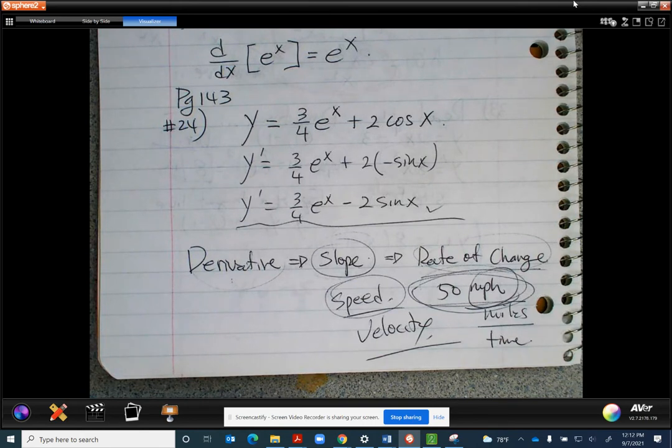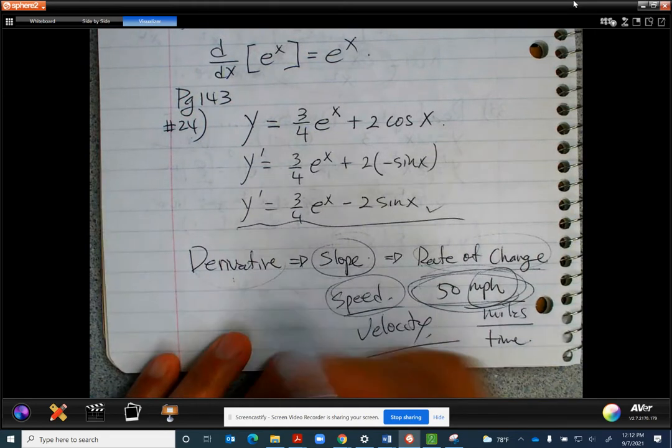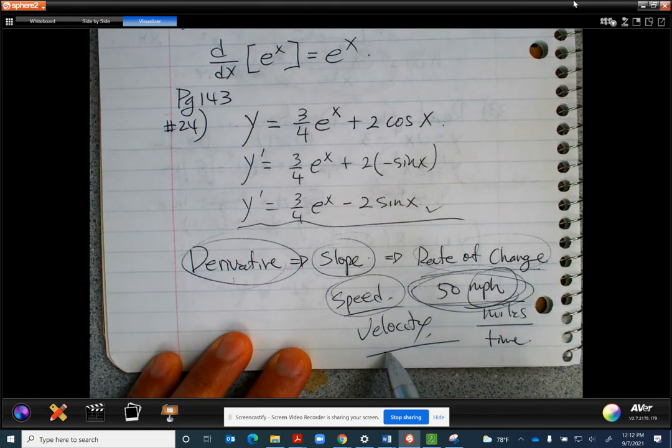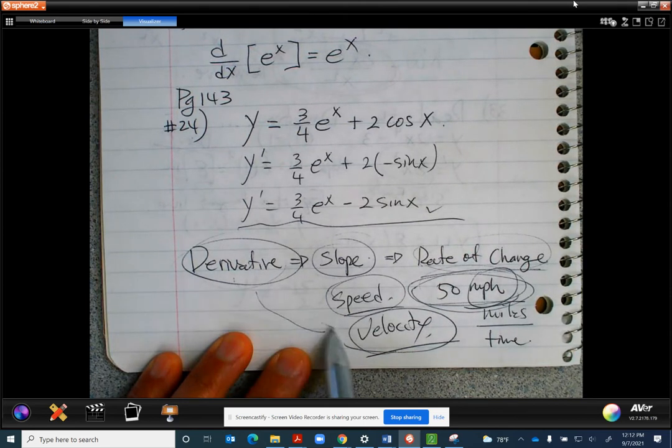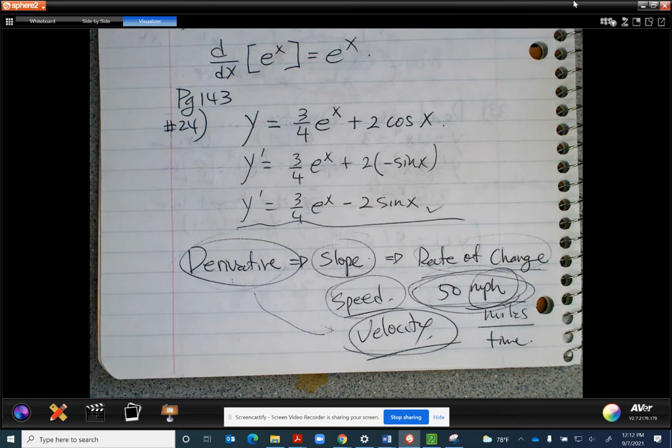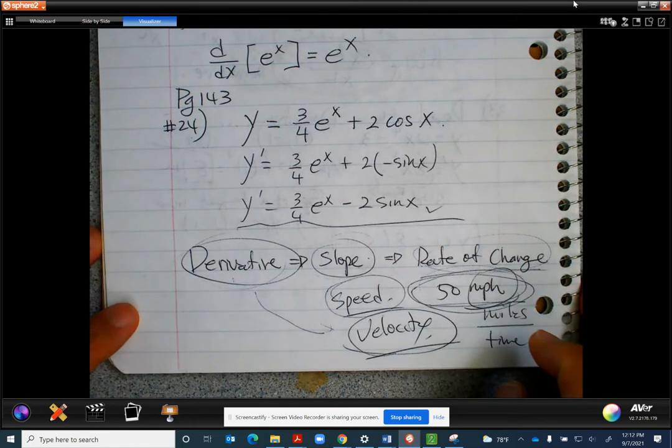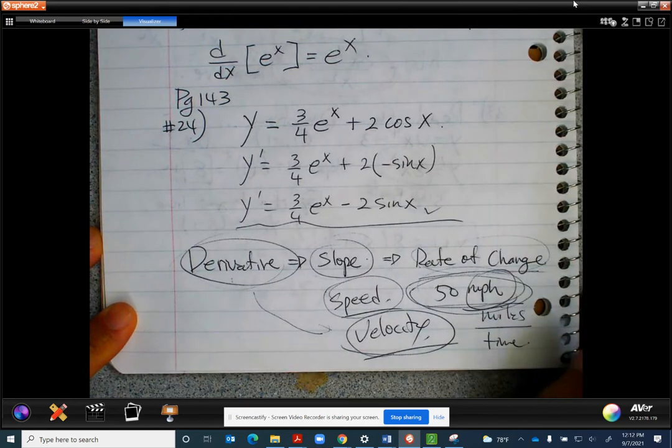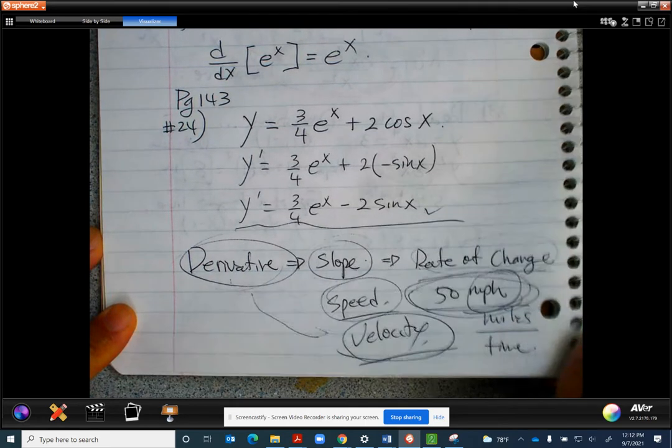Positive direction and negative directions and all that stuff to be fancy. So derivative is velocity. So we're going to use derivative to figure out how fast things are moving. Does that make sense? So we're going to apply derivative to speed. All right, so let me show you how to do that. So for that one, we turn to page 141. Page 141.